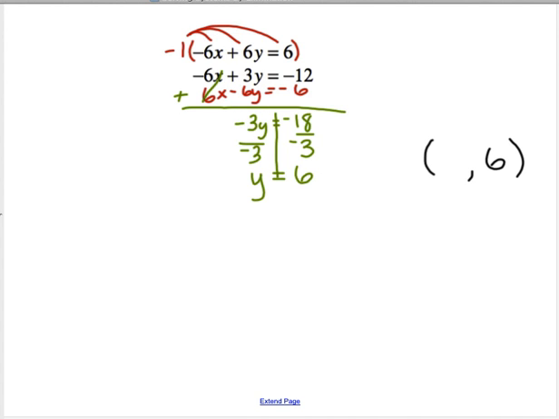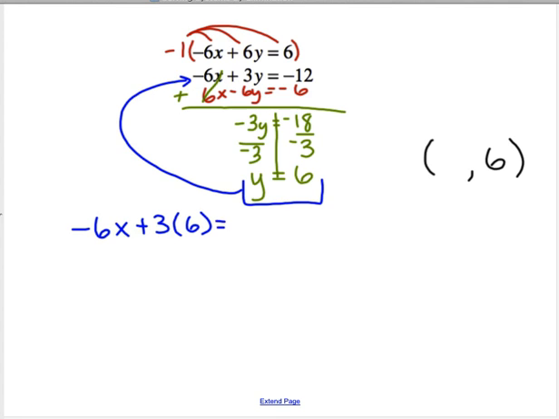Now I need to find my x value. Again, you can pick any of the equations you have. I know that y equals 6, so I am going to rewrite this bottom equation, but instead of y, I'm going to substitute 6 in. Negative 6x plus 3, instead of y, I put 6, equals negative 12. Negative 6x plus 18 equals negative 12.